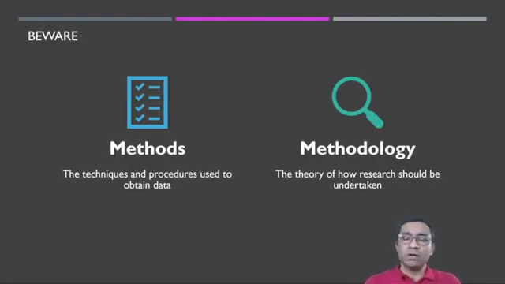Both we use for the same thing, which basically deals with how you are going to collect and process your information or your data. So data collection and research design is basically a part of methods, the part in which you explain data collection procedures with your methodological approach.